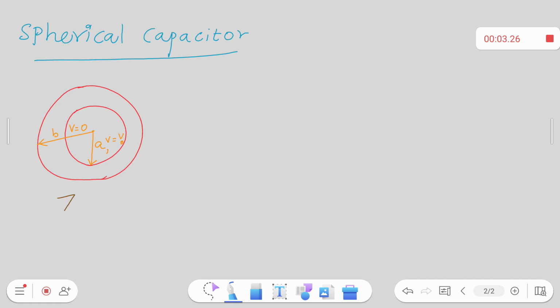So we know Laplace equation says del square V equal to 0.